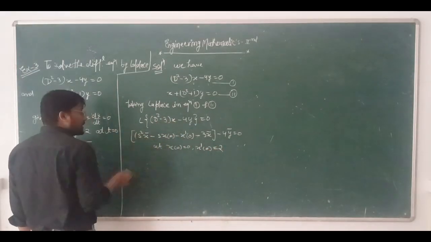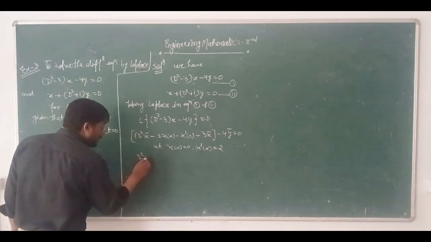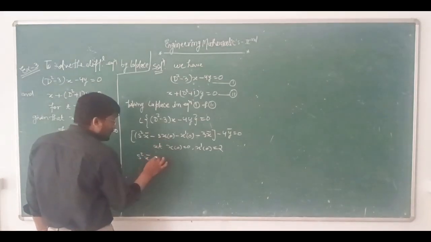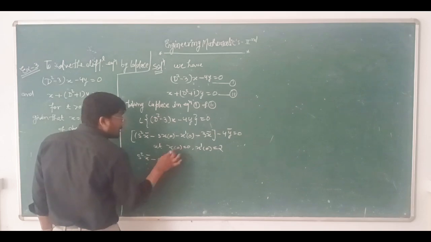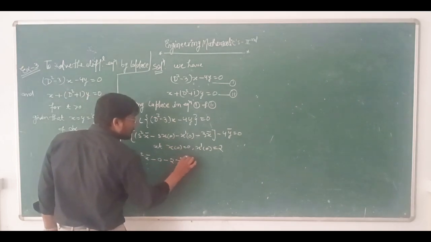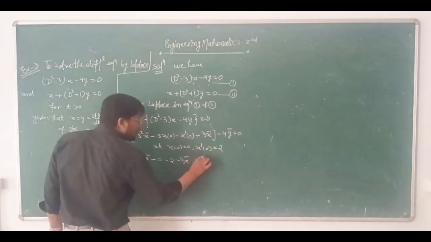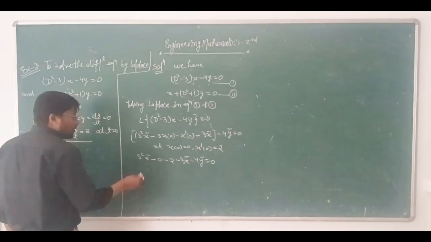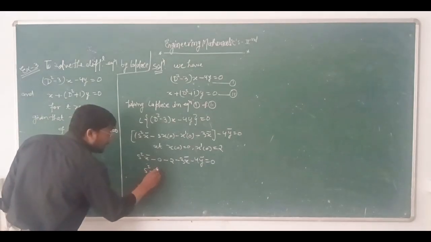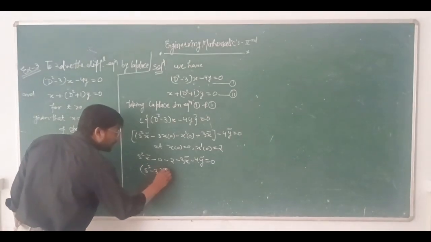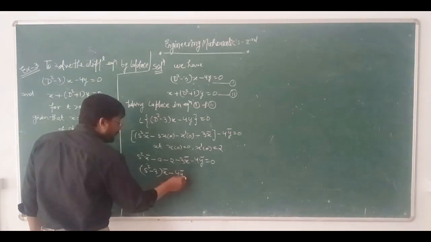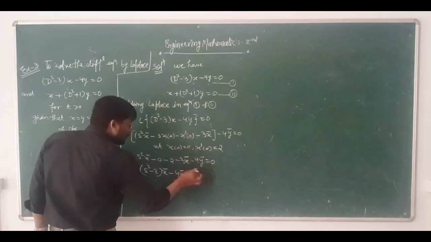Now put the value of this: s square Laplace of x minus, this is a value of 0, this means 0, minus this is a value of 2, minus 3 Laplace of x minus 4 Laplace of y is equal to 0. Now you can solve: (s square minus 3) Laplace of x minus 4 Laplace of y is equal to 2.